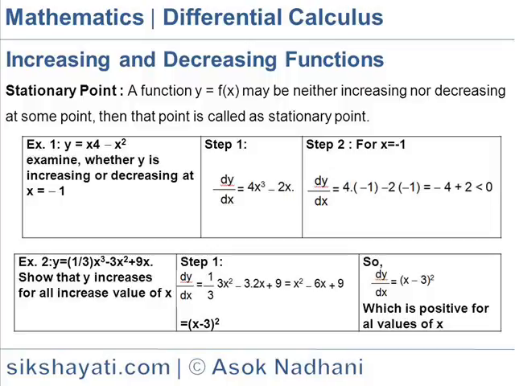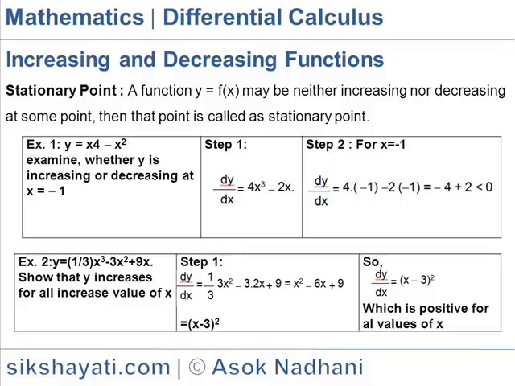Minus 1 cube is minus 1, so we get minus 4 plus 2, which is minus 2, less than 0. So y is a decreasing function, and the tangent at x equals minus 1 makes an obtuse angle with the positive direction of x-axis.